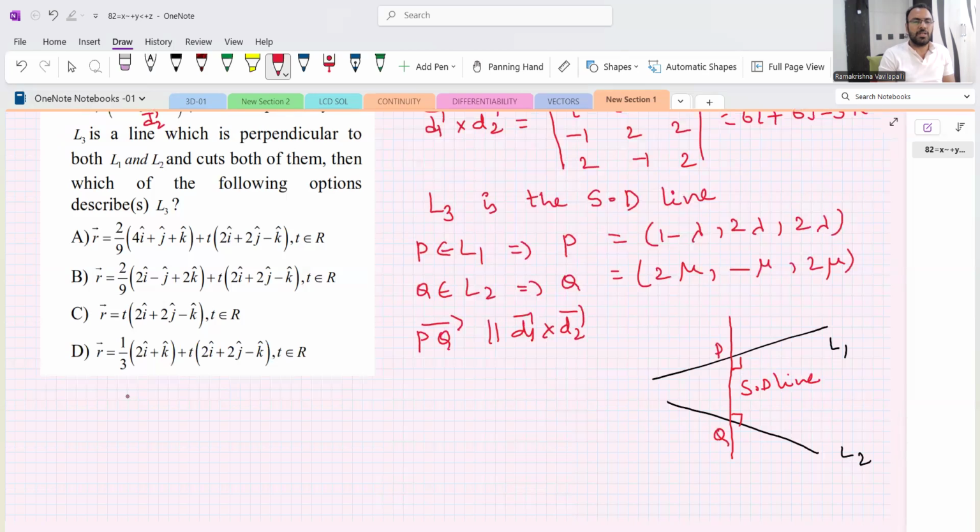We want that. So this implies that 2 mu minus 1 plus lambda by 6 is equal to minus mu minus 2 lambda by 6 is equal to 2 mu minus 2 lambda by, okay, what is that?